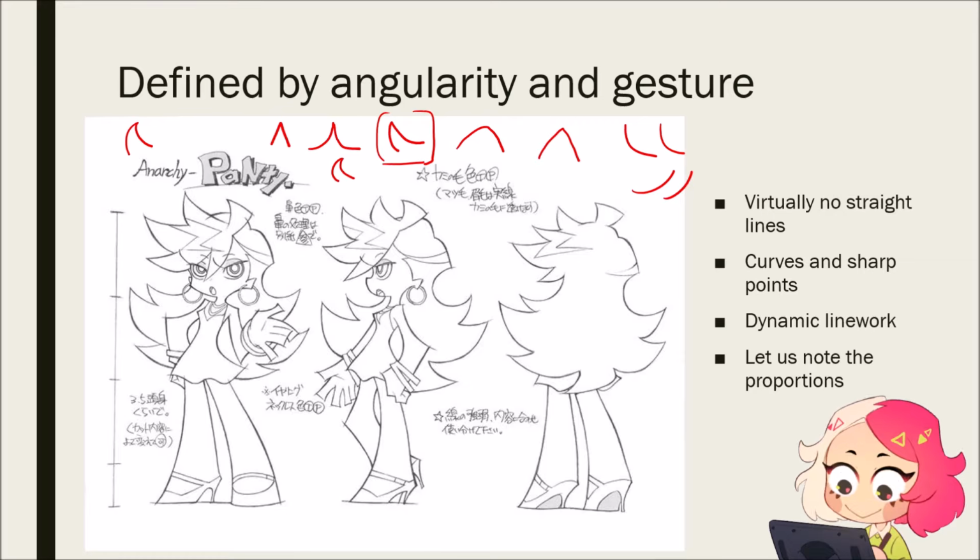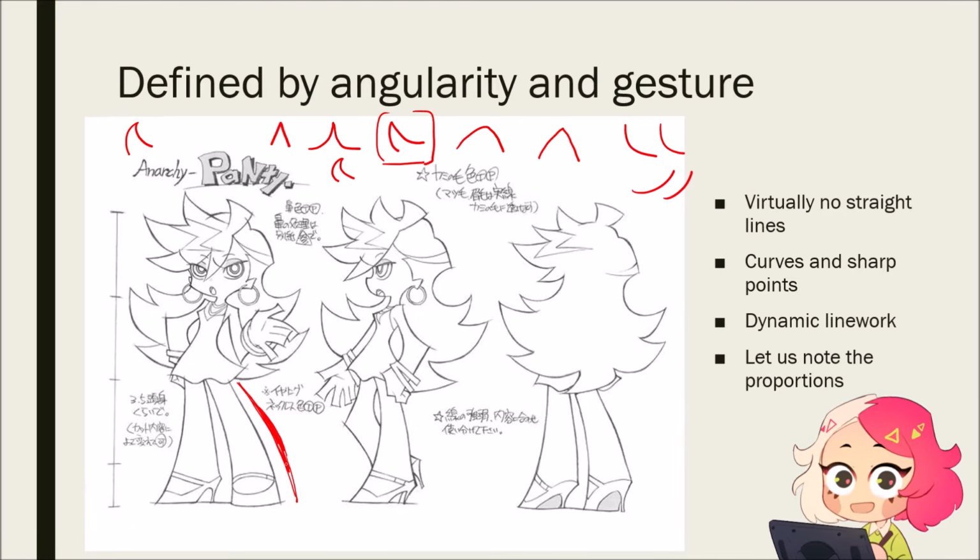There is a lined way to the picture, but we can see that usually, for example, this leg starts off thin, it's thicker in the middle, and then tapers off again.